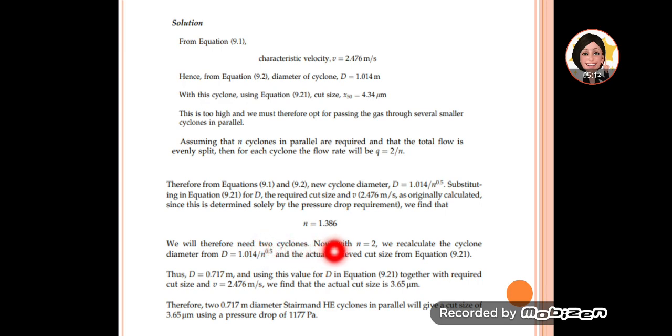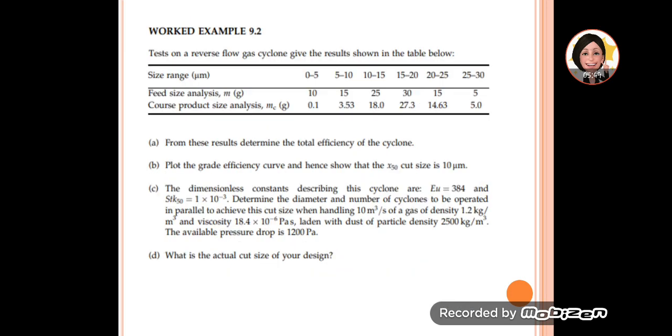Using the Stokes 50 equation 9.21 from the textbook, we get a cut size of 3.65 micrometer. So to answer the question, we need 2 Stairmand high efficiency cyclones in a parallel arrangement with diameter 0.717 meter, and that will give us a cut size of 3.65 micrometer with a pressure drop of 1177 Pascal. That is the solution for question 1.